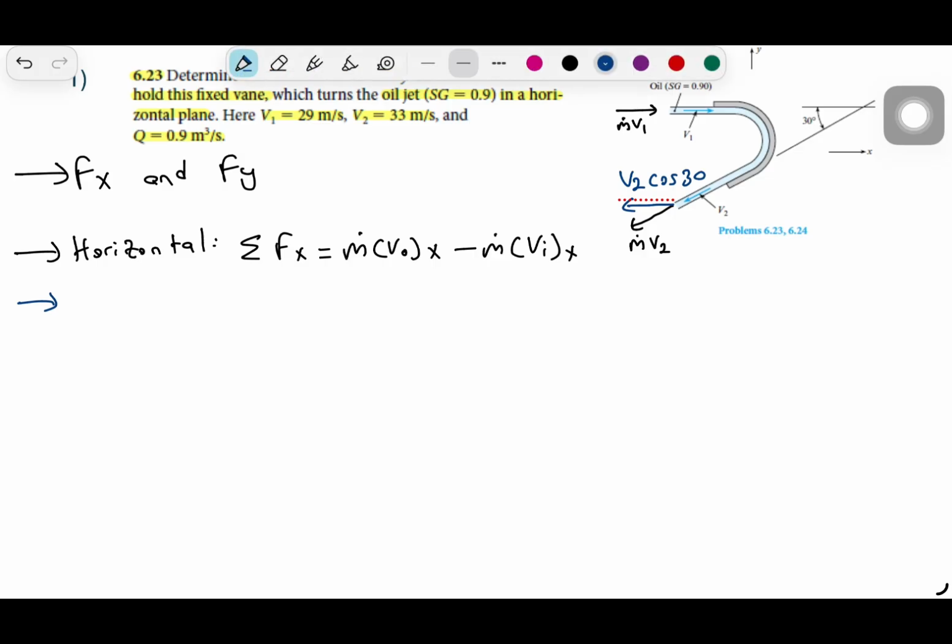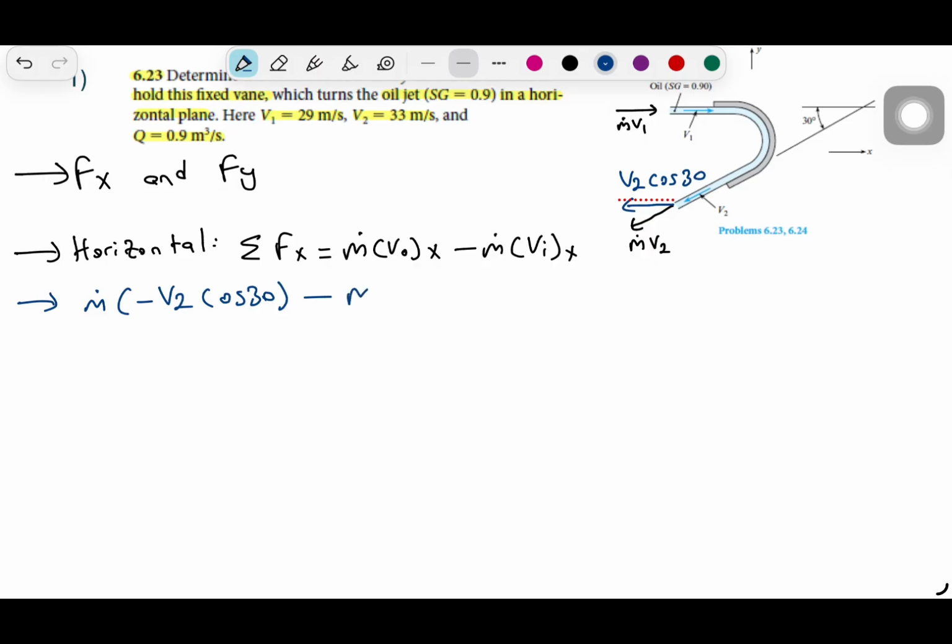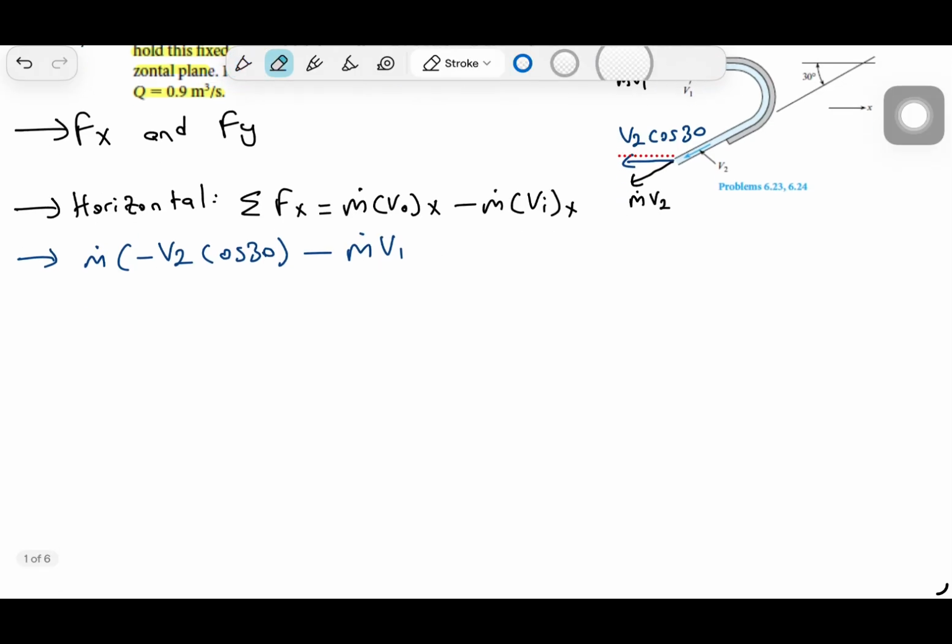So this gives us mass flow rate times v2 cosine 30, minus the inlet flow, so m dot v1. Here we already know velocity 1 and velocity 2, which are the inlet and outflow velocities. But we need to find the mass flow rate, which is m dot.